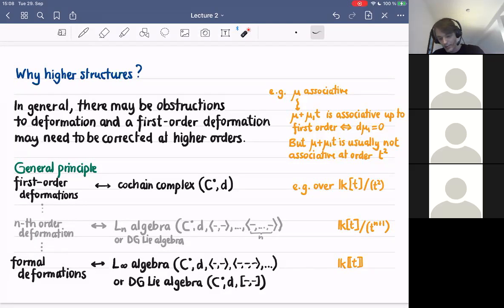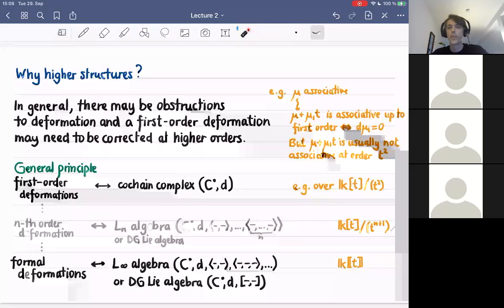For example, if we start with associative multiplication on some associative algebra, and then we add a first order term mu1 t, then we can check that this new element defines an associative multiplication up to first order if and only if d mu1 is 0, so if it's a Hochschild cocycle. But then this term is usually or sometimes not associative at higher order.